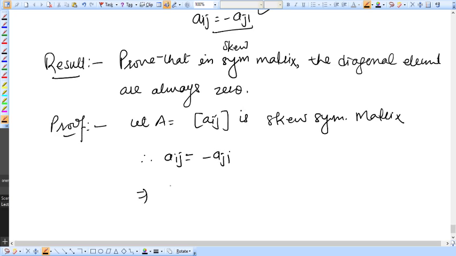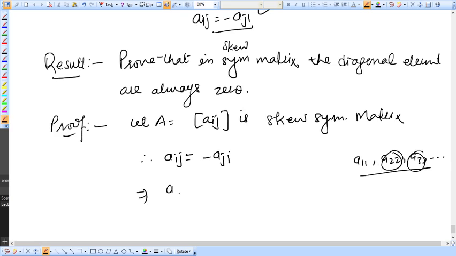This implies, see, what are the diagonal elements? Diagonal elements are A11, A22, A33, and so on. These lie where the rows and columns intersect each other, at the junction of such a point. So these are diagonal entries.